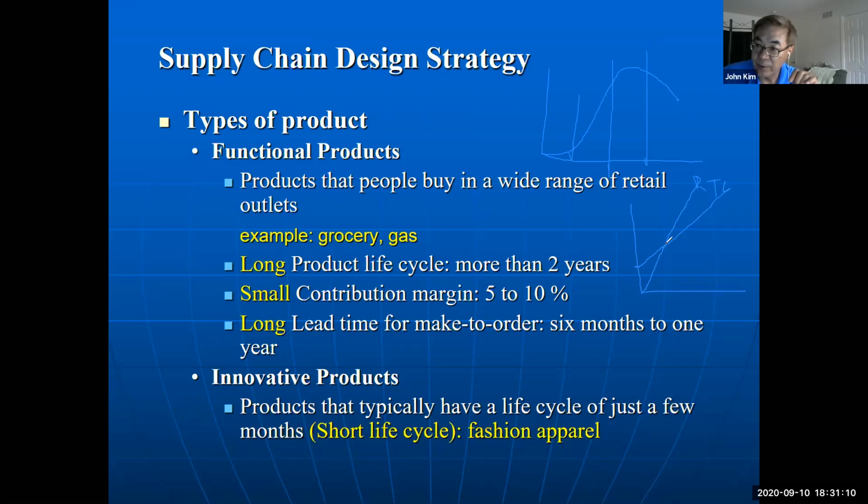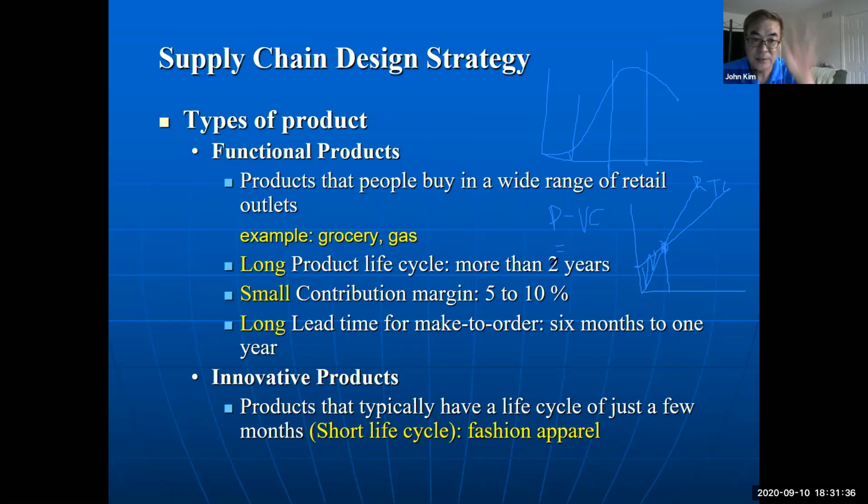Then this point, we will talk about this in a later chapter. So this point is the break-even point. So this area is price minus variable cost. Sometimes we call this one margin.